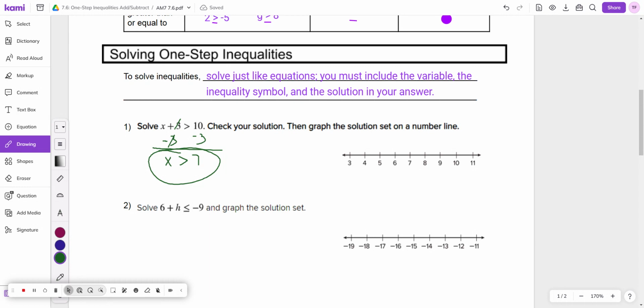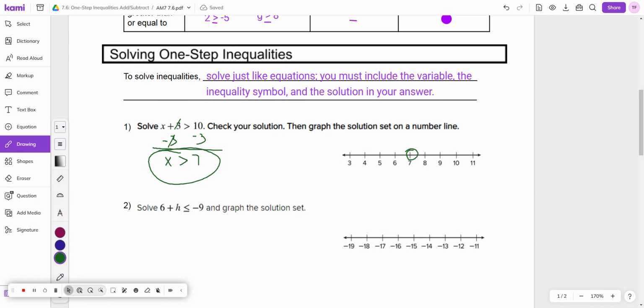All right, so we talked about graphing it. We talked about how the fact that it was just a greater than symbol means we have to use an open circle at 7. So I'm going to draw an open circle at 7. And then we look at the variable and compare that to the solution. We look at the direction that the inequality symbol is opening to. Remember that it opens to the bigger value.